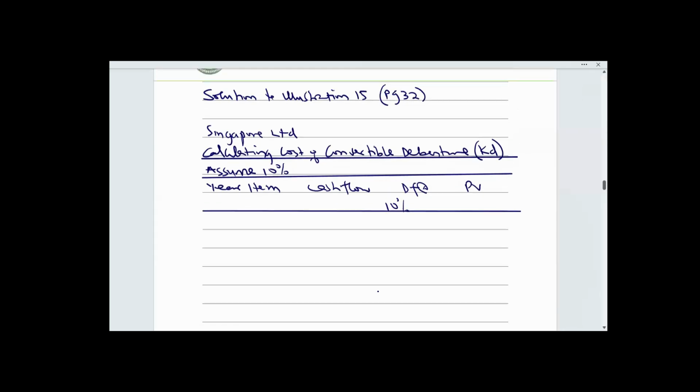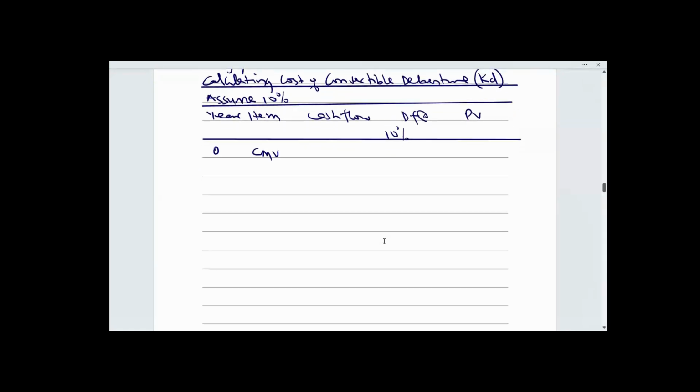So this debenture is for 4 years. We are going to calculate in year 0, which will be the current market value of the convertible debenture. Then years 1 to 4, the company must pay annual fixed interest.